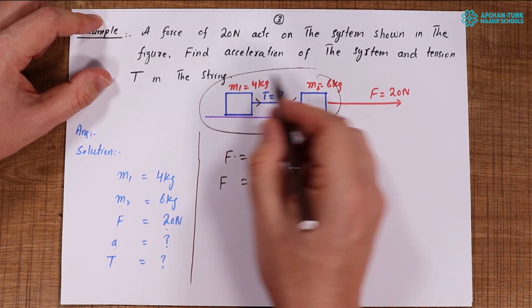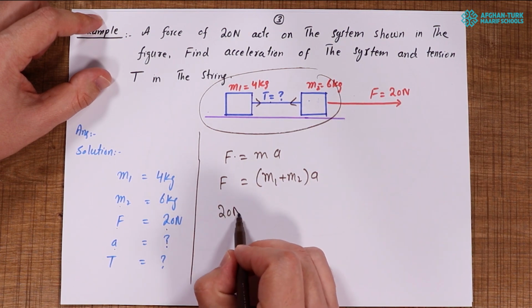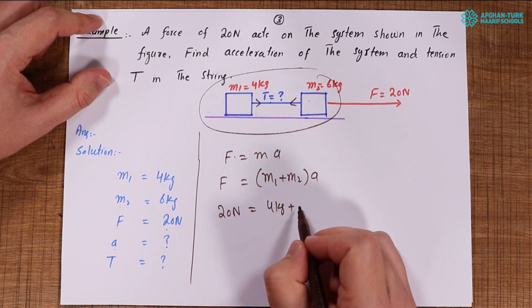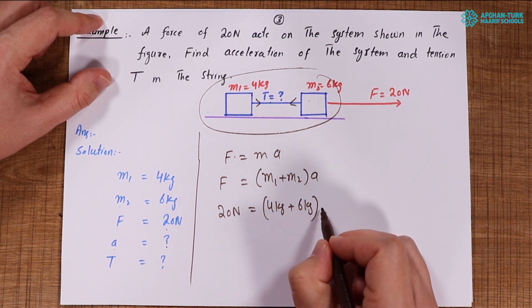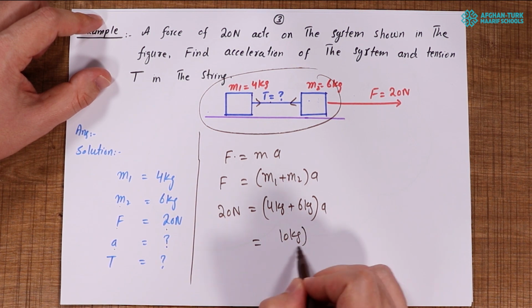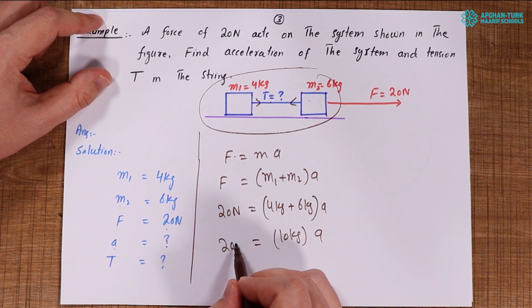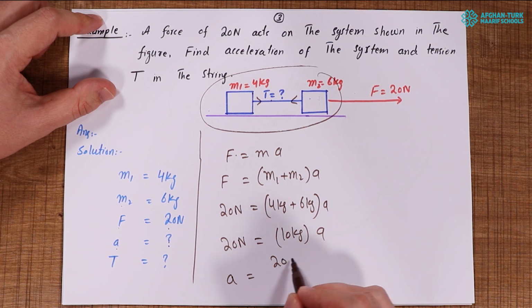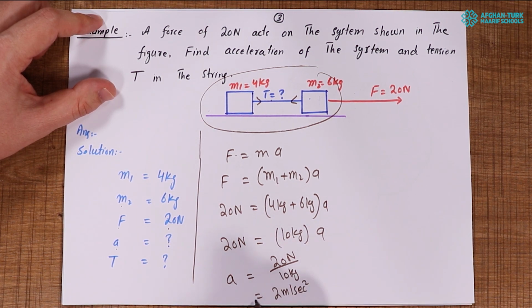The external force applied on the system is 20 newton, m1 is 4 kilogram plus m2 is 6 kilogram, times acceleration. So this is equal to 10 kg times acceleration, and the other side is 20 newton. So acceleration will be 20 newton divided by 10 kg, which is equal to 2 meter per second square. So this is the acceleration.